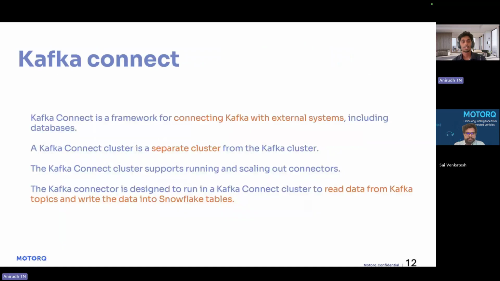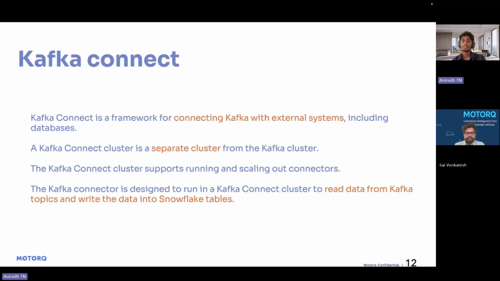That's where we discovered Kafka Connect. Many of you would already be aware and would have worked with Kafka Connect. But for those of you who haven't, Kafka Connect in simplicity is a framework to connect Kafka with external systems. It can either connect Kafka as a source to some external systems, like another Kafka topic or a Pulsar or Snowflake in our use case.